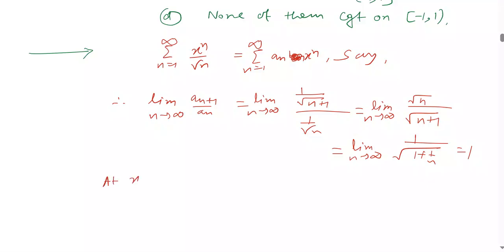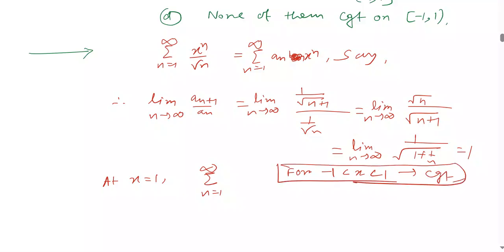So for -1 less than x less than 1 it is convergent. Fine, this one we can say. But for x equal to 1 it is 1 by root n, that is divergent by p test. हम लिख देते हैं completely.